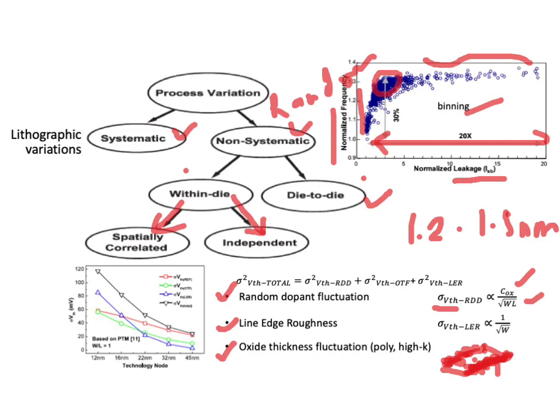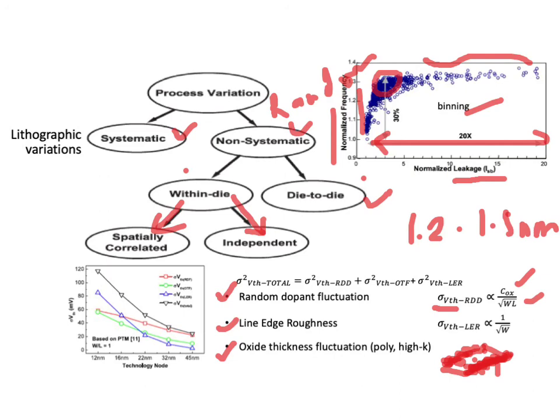So you can imagine that we are limited in our ability to control the exact thickness of the oxide layer, because we're at the level of controlling the exact number of dielectric silicon oxide atoms that we can deposit.